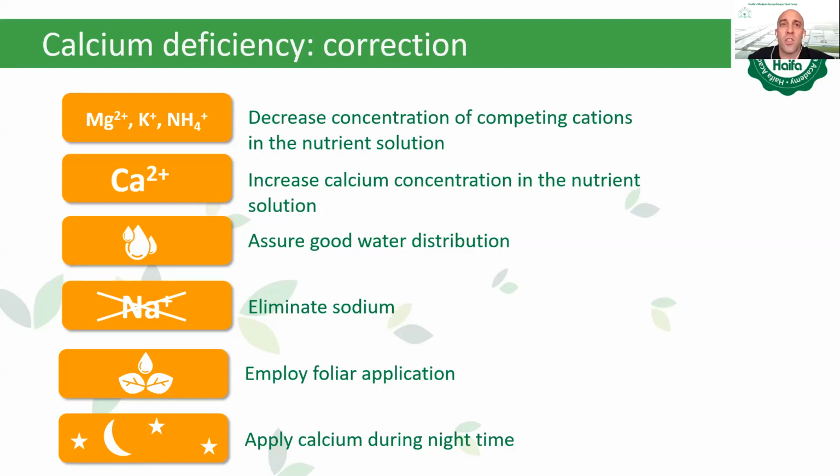Of course, if you apply foliar application, you have to make sure it's applied correctly at the right time. Another possibility, and it's a very good one, is to apply calcium during nighttime, when there's not a lot of transpiration, and just root pressure will make sure the calcium is taken up to the right parts of the plants.